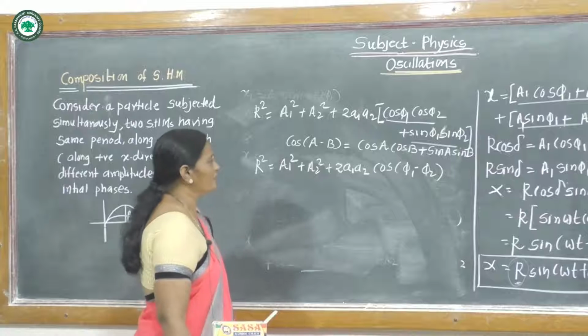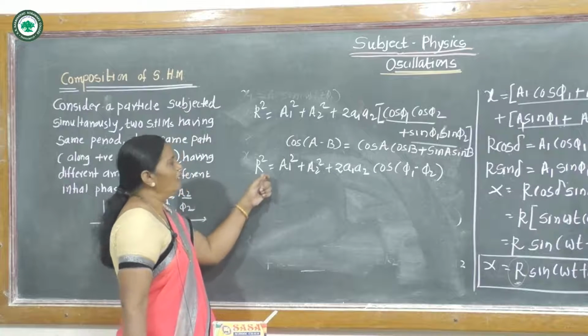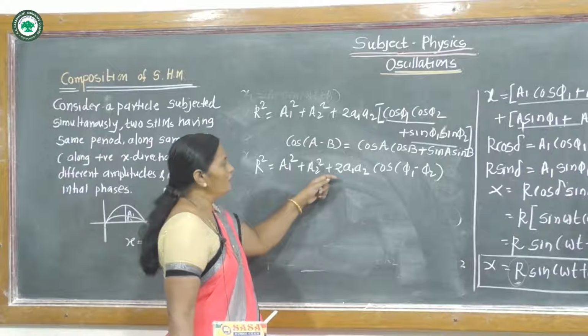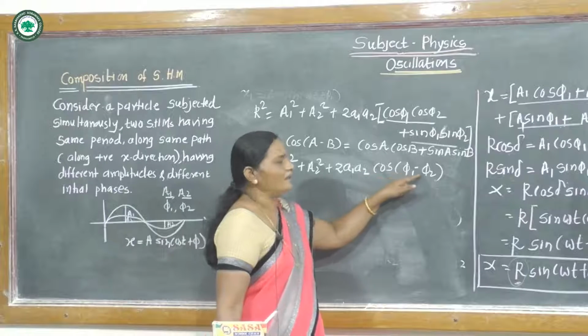Using this trigonometric relation, we find this equation: R square equal to A1 square plus A2 square plus 2A1 A2 into cos of phi 1 minus phi 2.